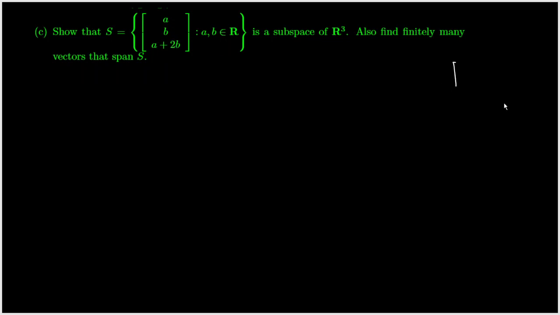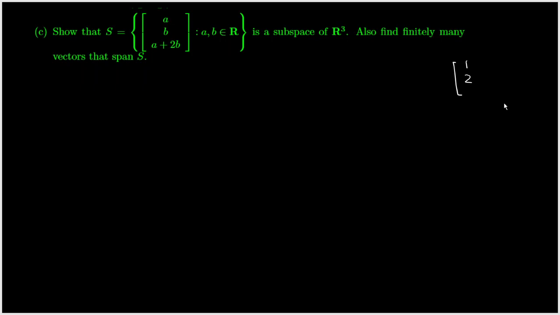Now let me try to show you what I mean. If the first component is 1, the second component is 2. Now listen to my question. In order for the vector to be in S, anybody want to tell me the third component?